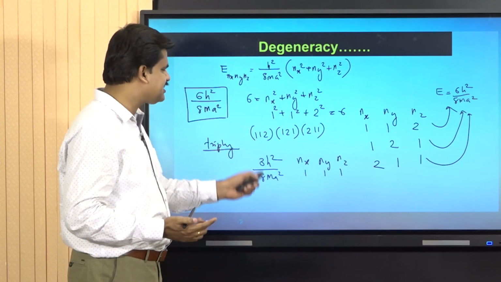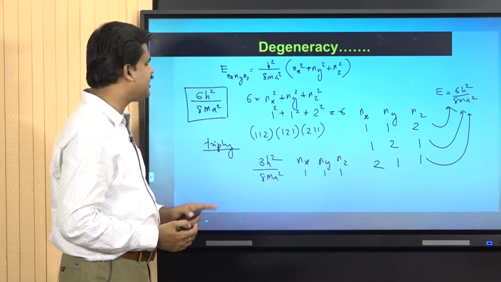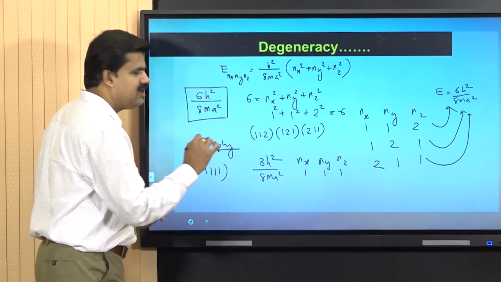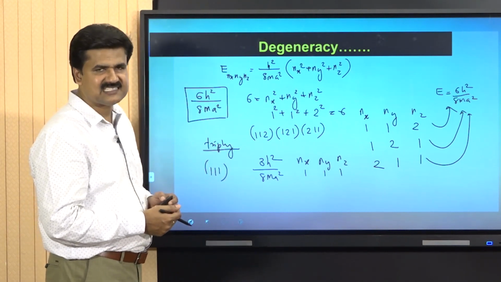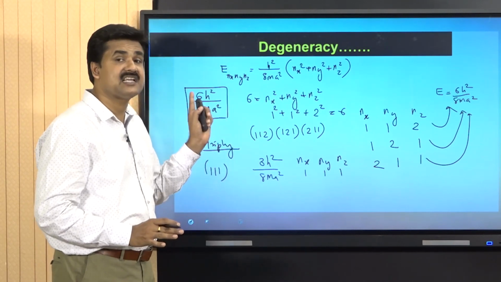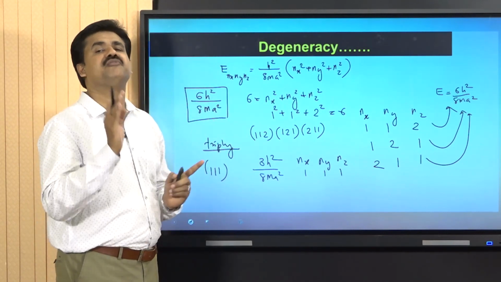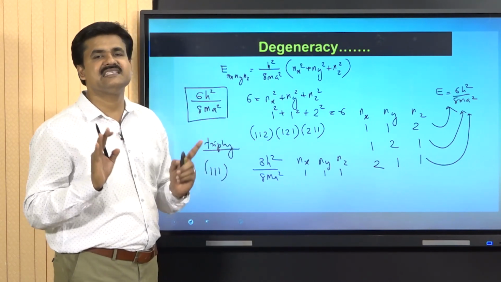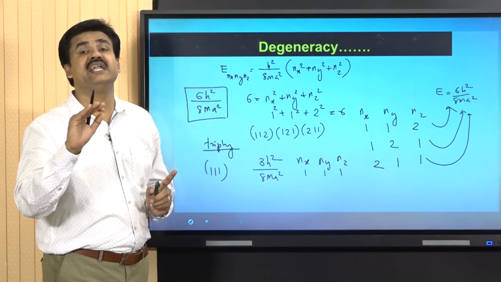That means for the energy 3h square by 8ma square, the one and only possibility is 1, 1, 1 for nx, ny and nz, and hence this energy level is the ground state energy level of a particle in a 3D box problem. And this energy level is said to be non-degenerate.